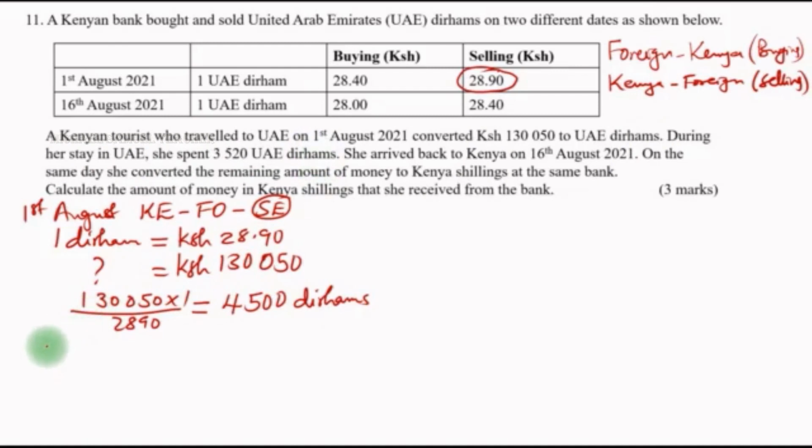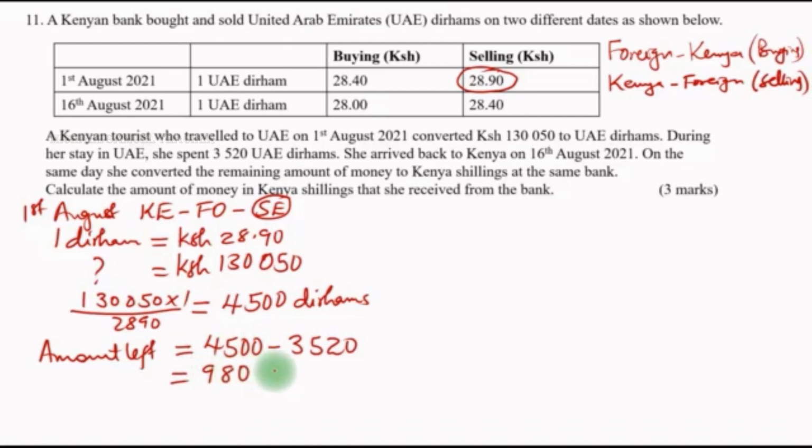So the amount left after spending will be the total amount, which is 4,500 dirhams, minus the amount that the tourist spent, and this will be 980 dirhams. That was the amount that remained.